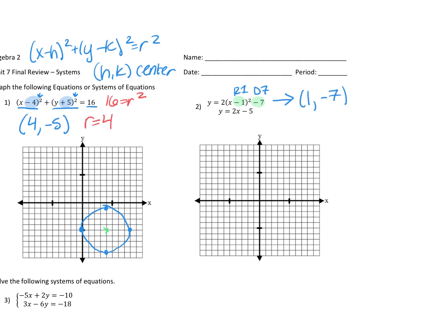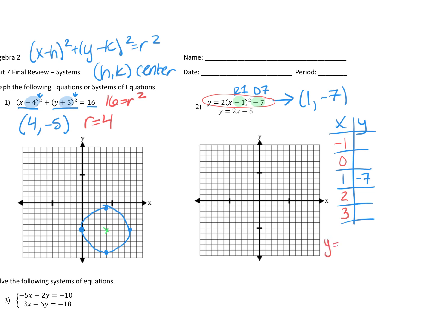And so from there, I'm going to make a table of values, putting my vertex in the middle. So 1, -7, and then I'm going to build my table from there. So 0, -1, 2, 3, and I'm going to plug those values into my equation up here.